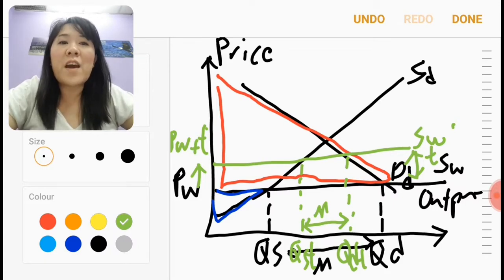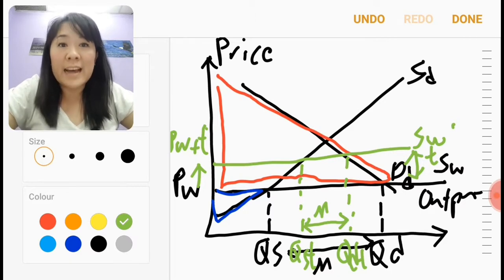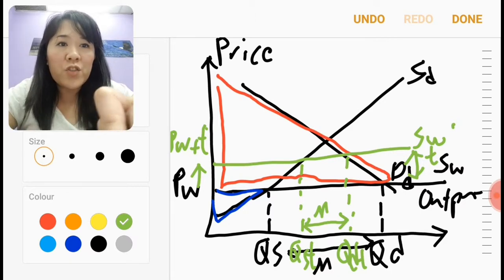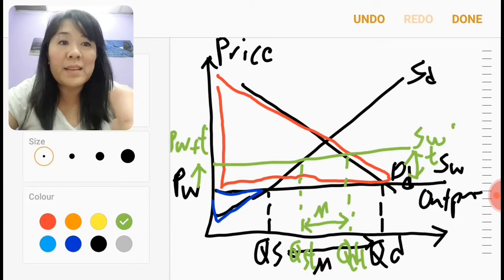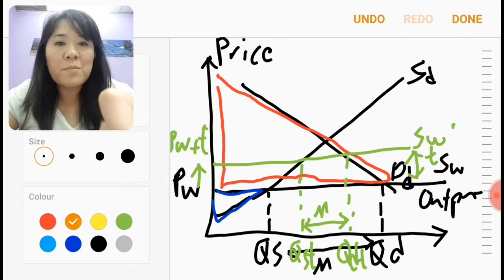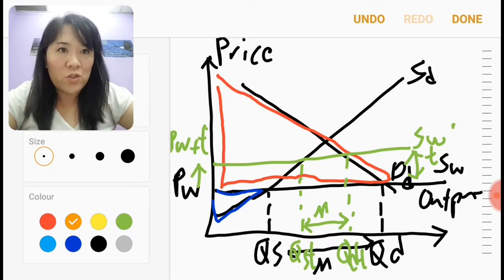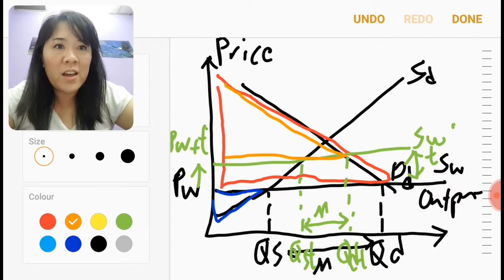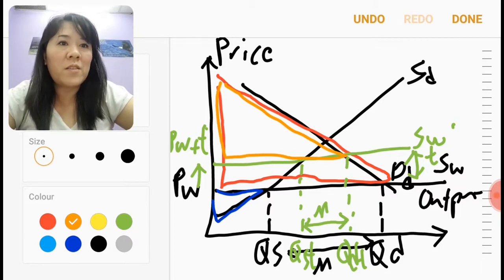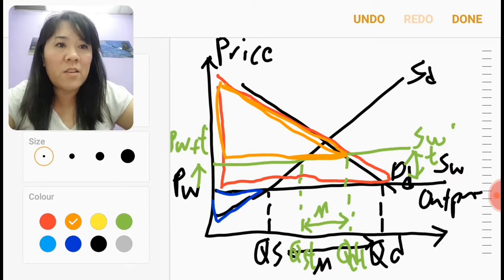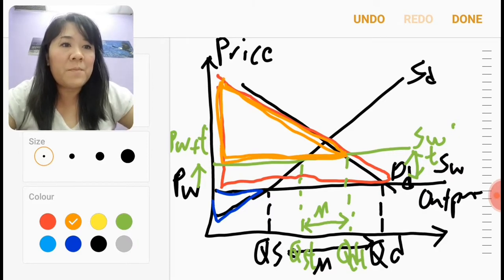Now let's look at the effect on the consumer and the producer surplus, as well as how it affects society at large. At this higher price PW plus T, the consumer surplus would be reduced to this smaller triangle here. Why? Because this is based on QDT, which is now being transacted.